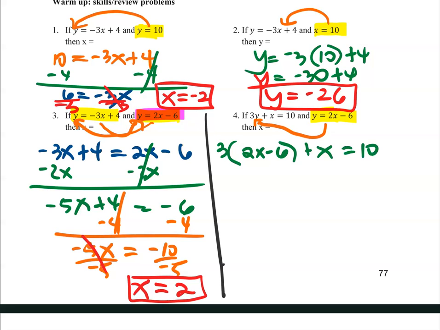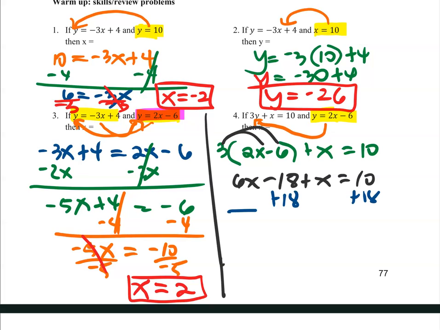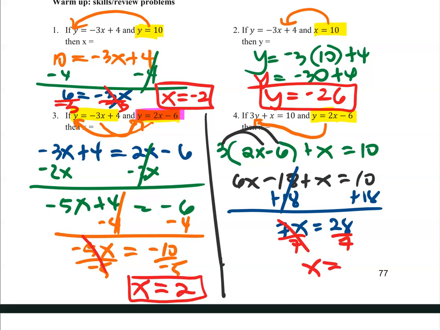Then distribute: 3 times 2x is 6x, 3 times negative 6 is negative 18, plus x equals 10. Combine like terms, or you can add 18 to both sides. 6x plus x is 7x. 10 plus 18 is 28. And when we divide both sides by 7, x is equal to 28 divided by 7, which is 4. So that is the answer.